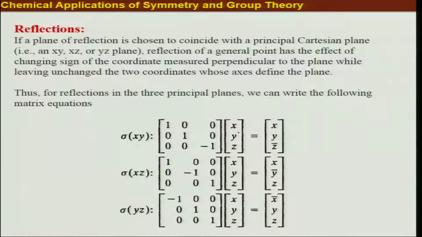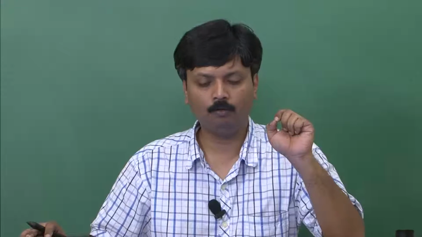Since x and y, they are remaining unchanged after this reflection operation, I will have the elements as 1 in the diagonal for say the element 1 1 and element 2 2.